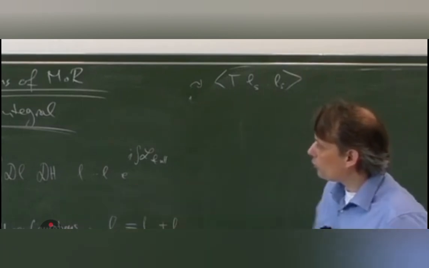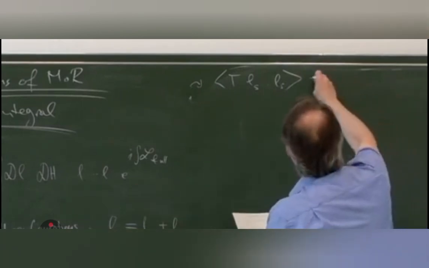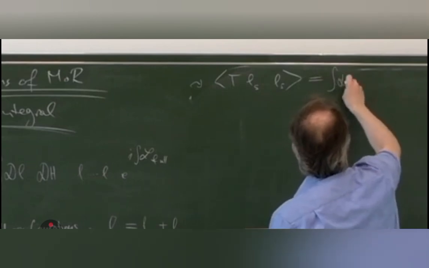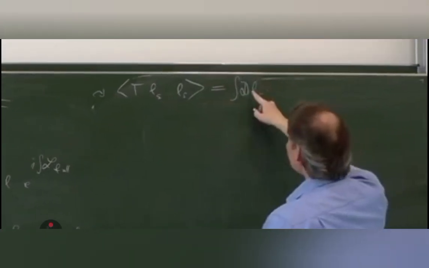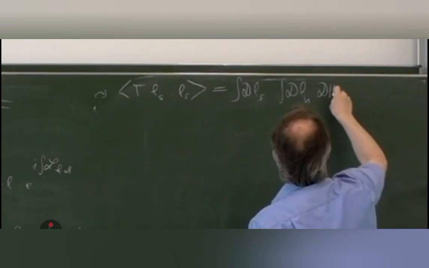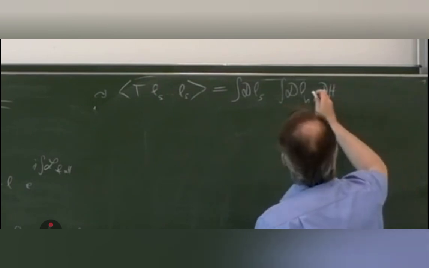So on the left we can only have these L_S field configurations, and the path integral formula would now be the following integral: an integral over the soft light fields, an integral over the hard light fields, and the heavy fields. And then let us put the field variables here, L_S, L_S.